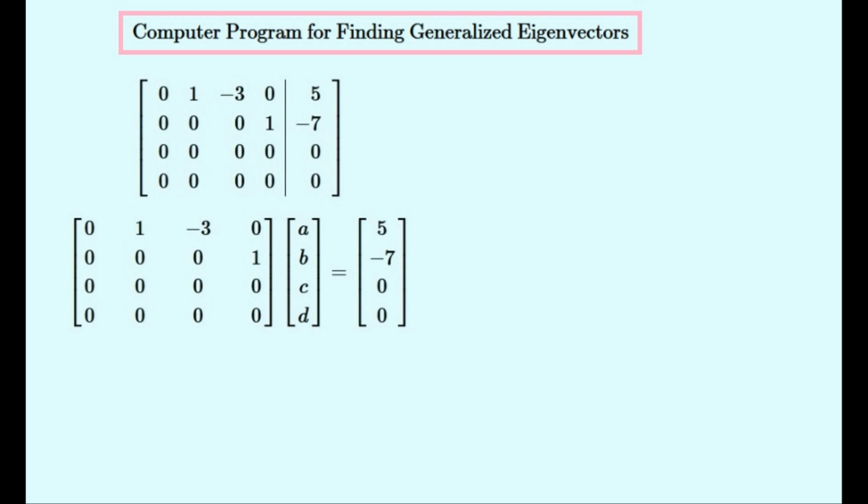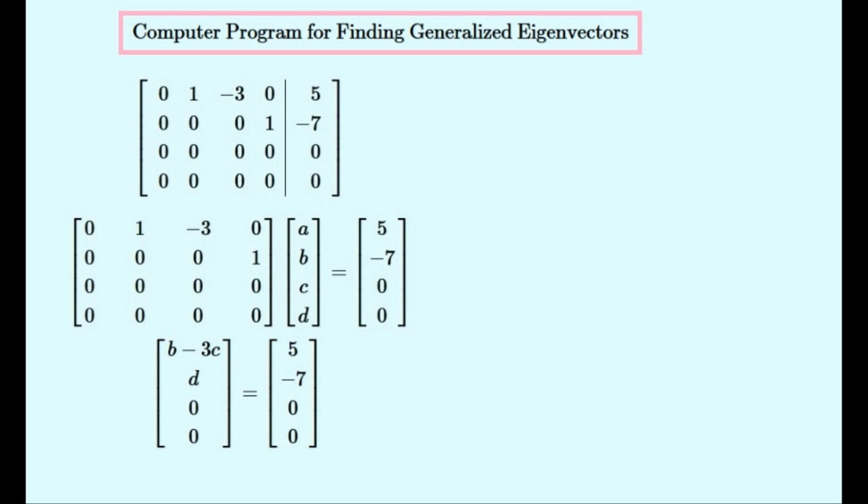To examine what is actually happening, we'll firstly transform this system of equations from augmented matrix notation to algebraic matrix notation. Multiplying the matrix with the vector gives us this equation. We can then extract these two algebraic equations from this vector equation. And this first equation can be rewritten like this so as to make B the subject of this equation.